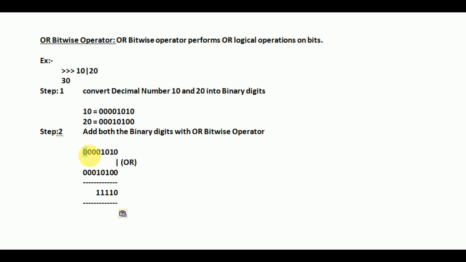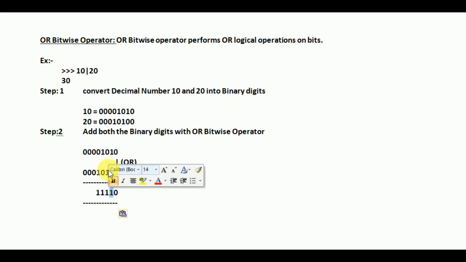Here we have the binary digits of 10. This is the OR operator, and this is the binary value of 20. So when we perform the OR operation on these two values, we get the resultant value. In ORing, if there is a one in either of the values, then one will be the resultant value.